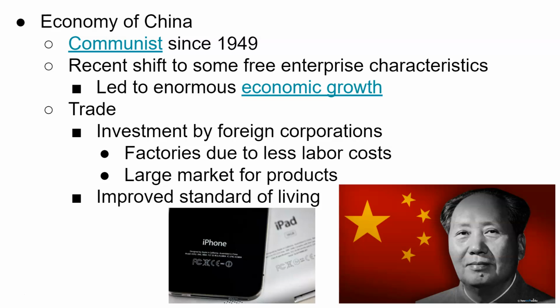You've also seen in recent years, China has tried to promote trade within its economy. And certainly the United States has been a huge part of this. So certainly the investment by foreign corporations, you've seen companies like Apple have outsourced a lot of their materials.